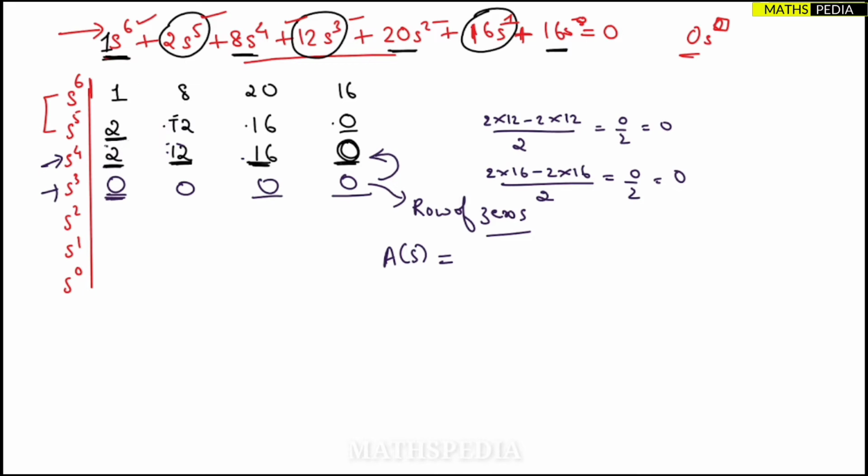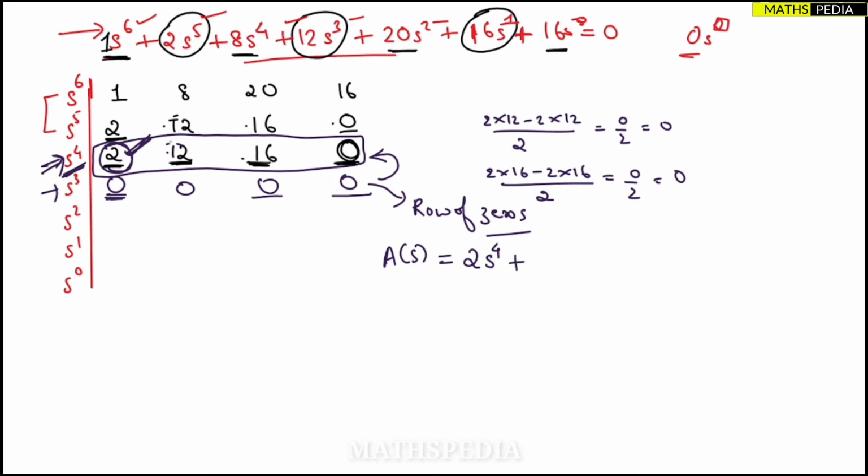Basically you have to observe this particular row, correct? The first coefficient we have is 2. This is the s power 4 row, so you have to start with s power 4 only. The coefficient here is 2 and s power 4.